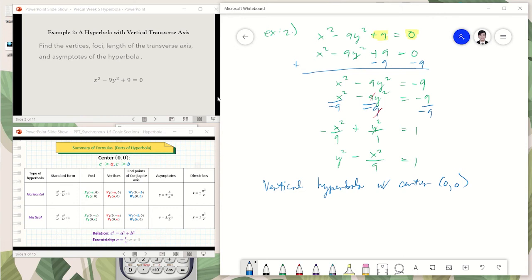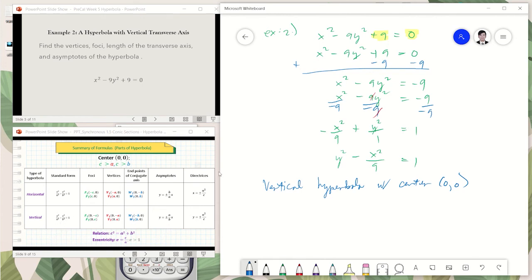But if x comes first, following the format of the standard form for hyperbola, then that's the time that it becomes a horizontal hyperbola. So let's continue. We know that we're looking at a vertical hyperbola.